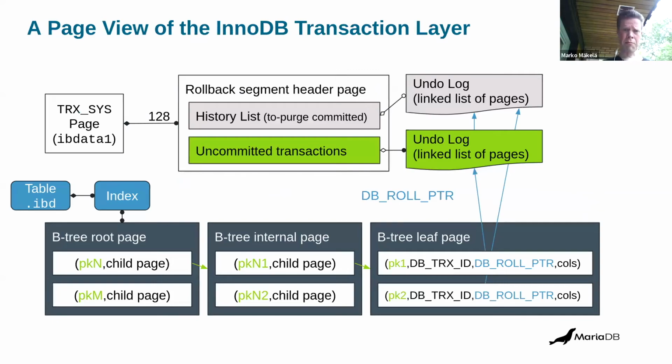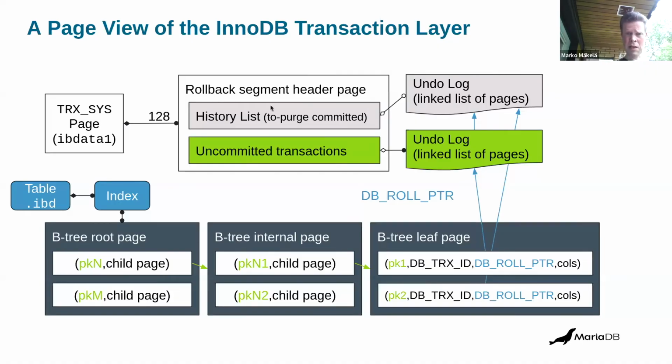Here is a page view of the transaction layer. What kind of pages we have in the buffer pool. So we have the transaction system page in the system tablespace. It's only a directory to these persistent rollback segment headers. In MariaDB, we have 128 rollback segment headers, and we have a separate set of rollback segments for the temporary tablespace.